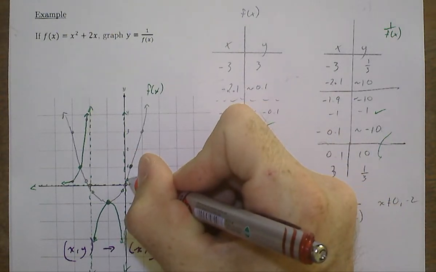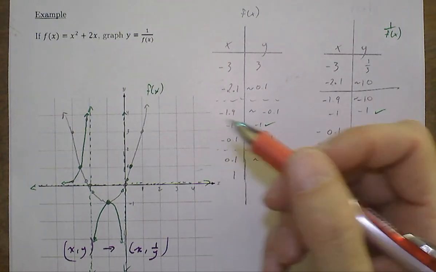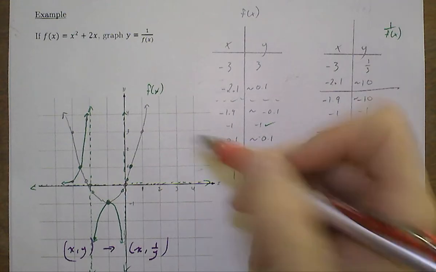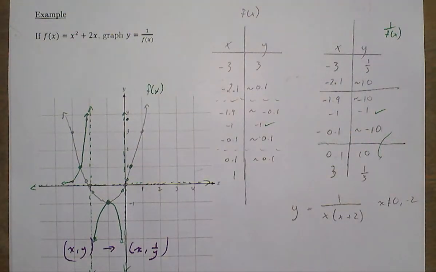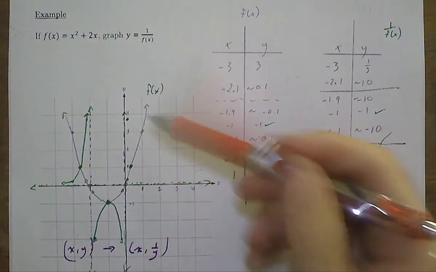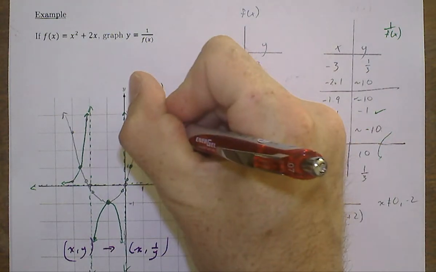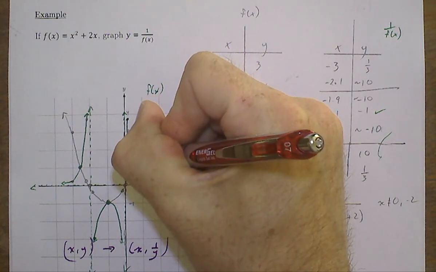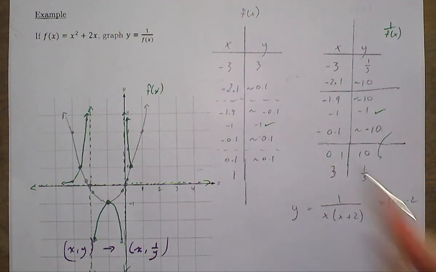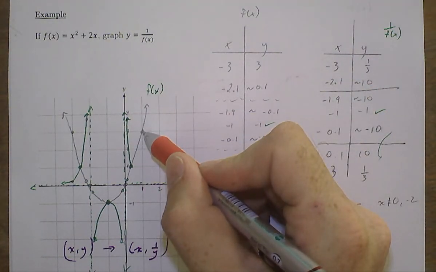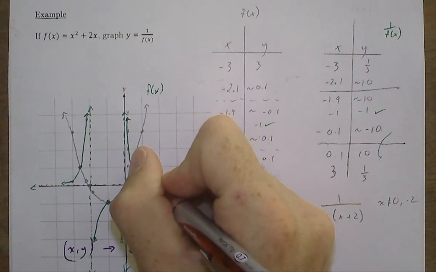If I imagine this point is 0.1 or a tenth, when I take the reciprocal, it just gets large and positive. Now, this is an imaginary, symbolic point, but it still definitely works with our argument. We just have to make sure that we observe asymptotic behavior. So the last point to transform is (1, 3). (1, 3) turns into (1, 1/3).